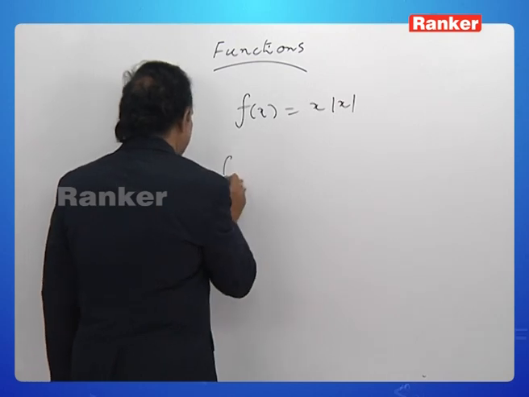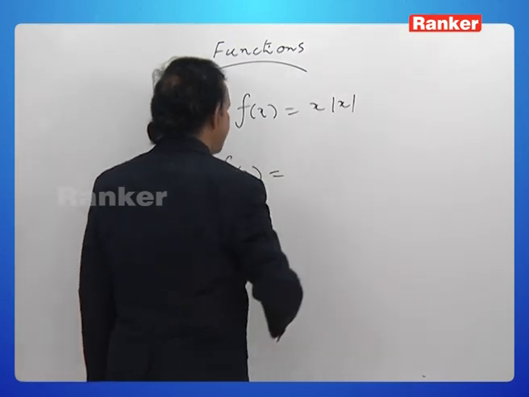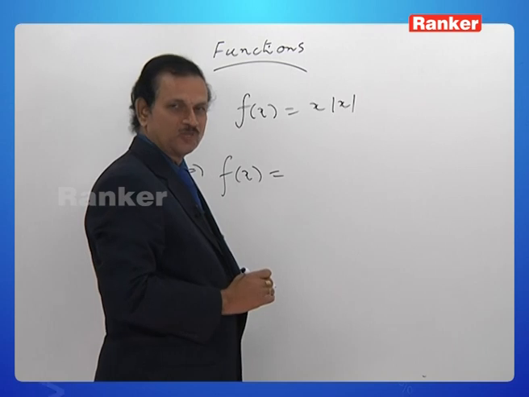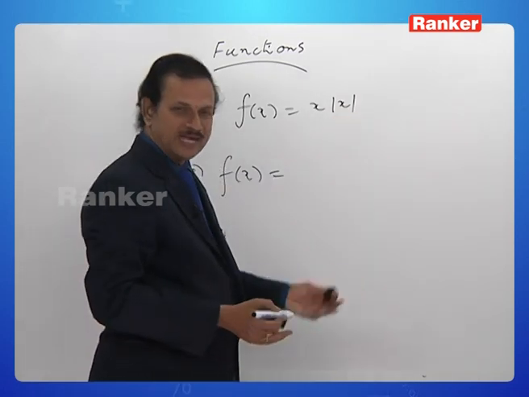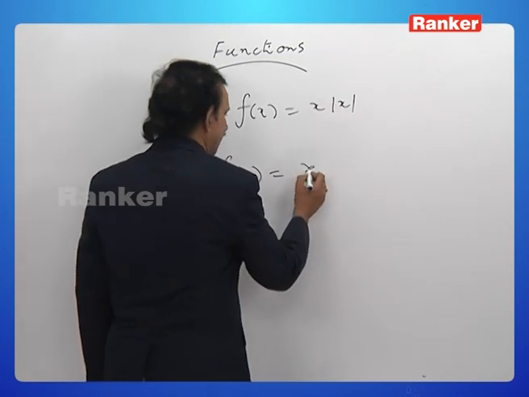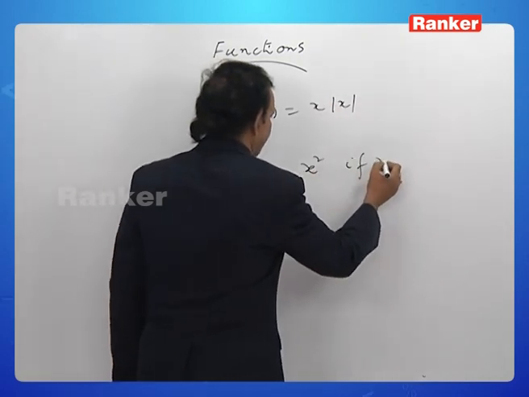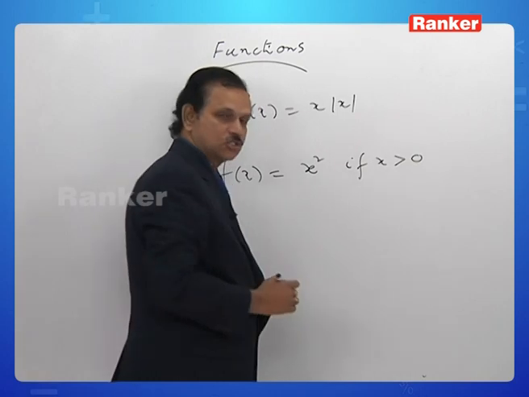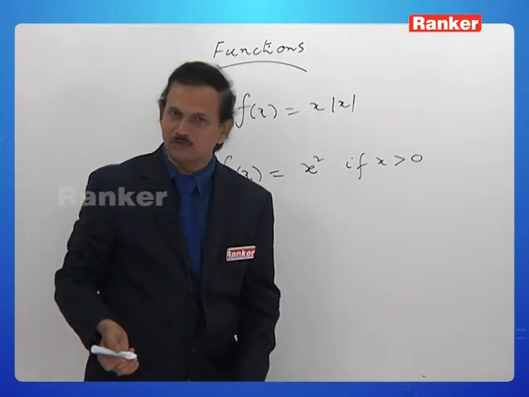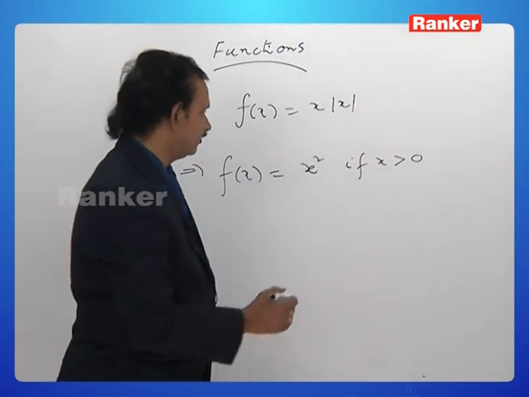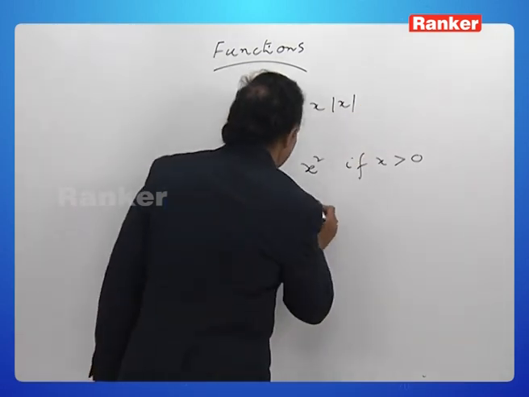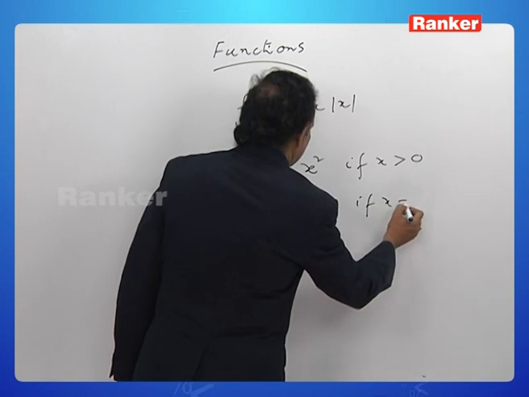This implies f of x has 3 different cases. Case 1, let us assume that x is positive. Then mod x is x. X into x becomes x square if x is greater than 0. Case 2, what happens when x is equal to 0? F of 0 is 0 into mod 0, which is again 0, so f of x is 0 if x is equal to 0.